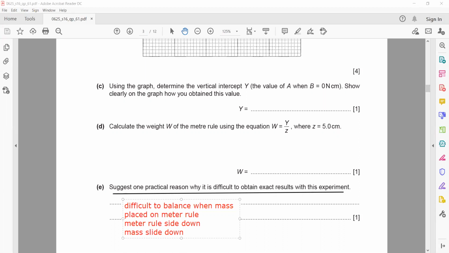So many reasons are there, but commonly you will find difficult to balance when mass is placed on the rule.